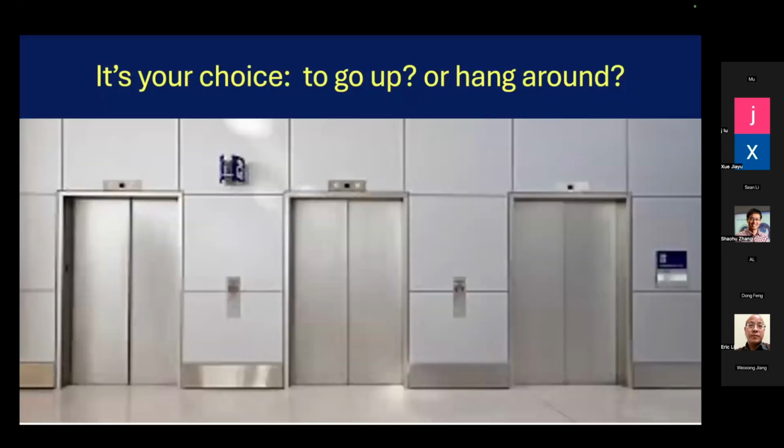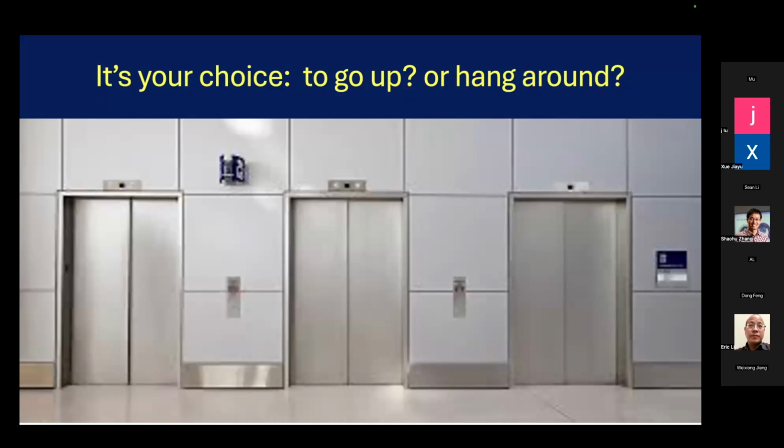It is your choice. Now you have a basic understanding and a sample code. What do you want to do? Will you go up or hang around? As I mentioned in the beginning, capacity is already sitting on top of the tallest building in the world, or maybe the top of the Himalaya. So what do we need to do? We need to take the elevator. We need to go up.